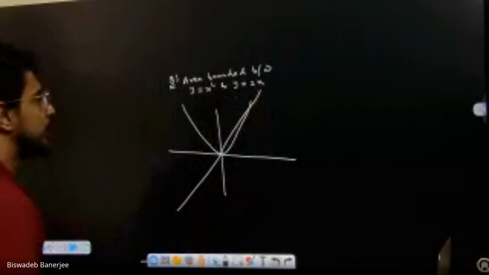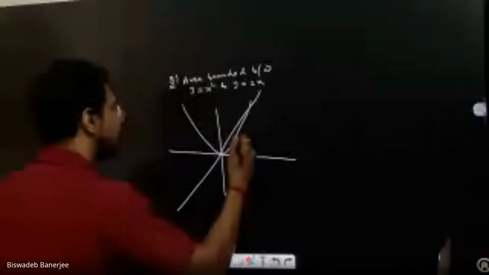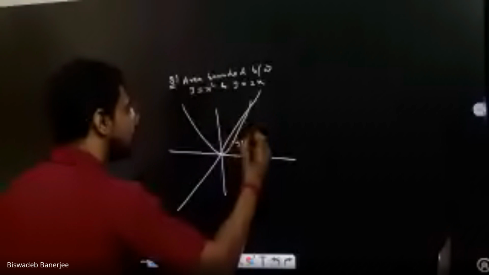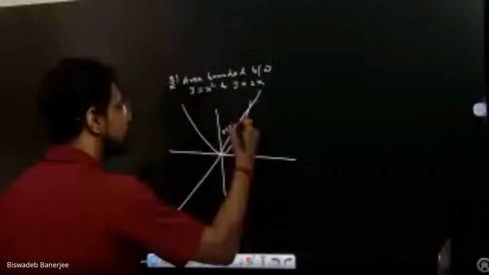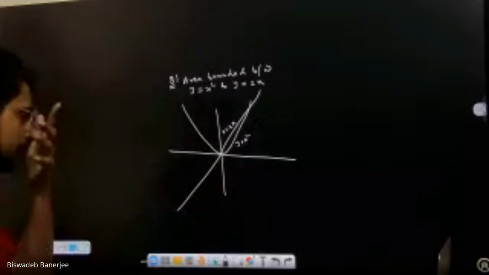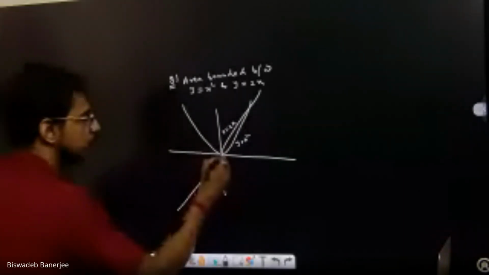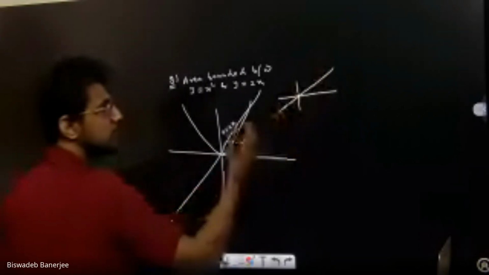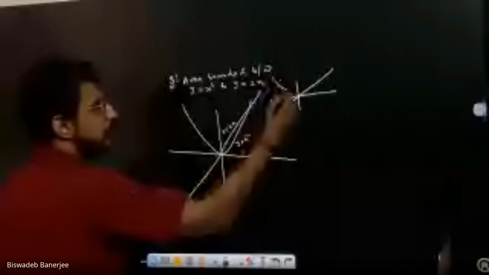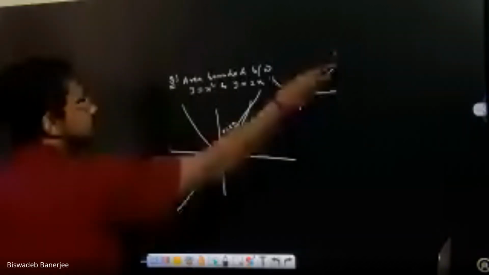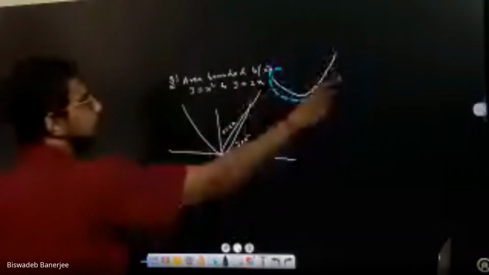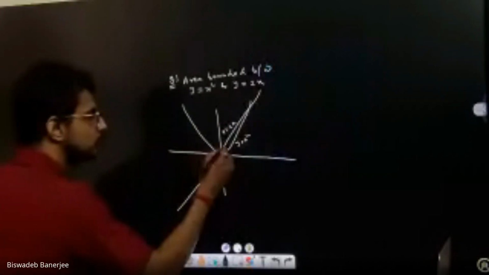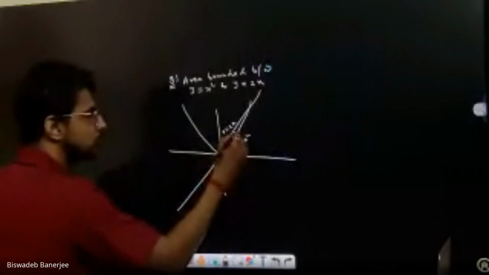So this is my parabola, y equal to x square, and this is my straight line, y equal to 2x. You have to find out the area bounded between them. So the area bounded between them is this portion.